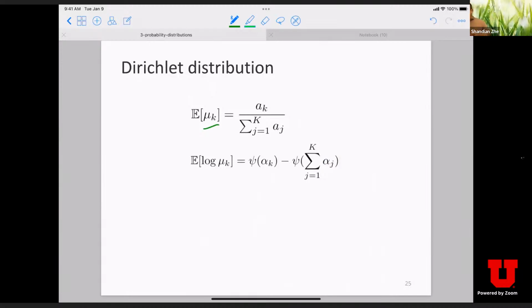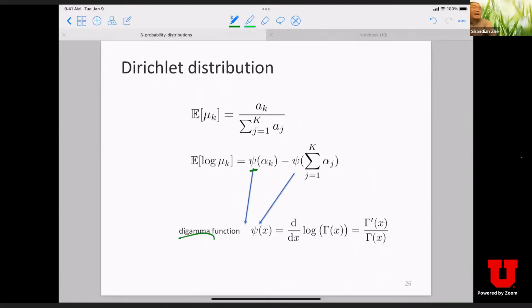We also have the expectation of the logarithm of mu k, which is computed by the psi function of alpha k, subtracted by the psi function of the summation of all the alpha k's. The psi function is called the digamma function. It's the derivative of the log gamma function.